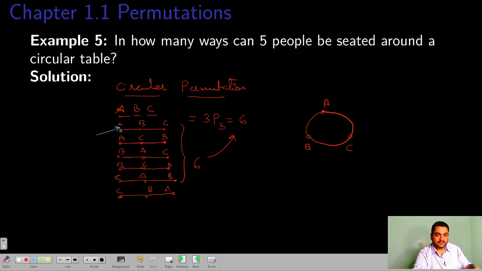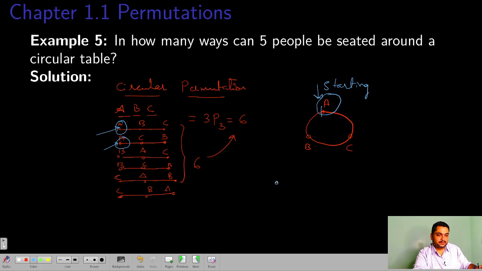Here in a straight line, I have a starting point, right? But in a circle, where is the starting point? Initially there is no starting point. So what do I have to do? I have to fix one point as a starting point. Once I fix this, split this circle into a straight line.